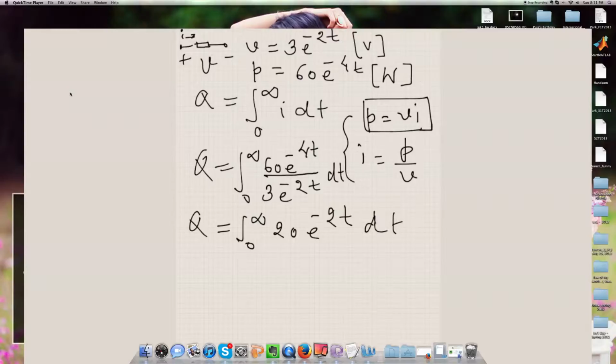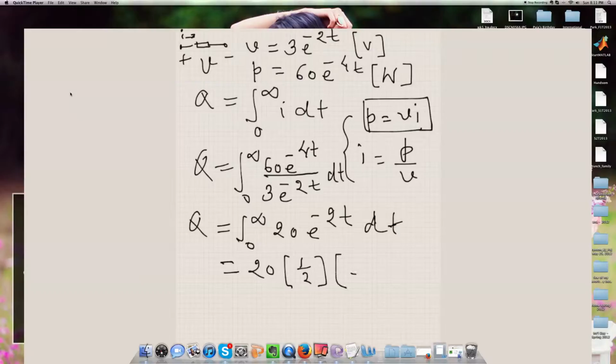Folks, right here, if we wanted to use the dummy variable t prime, we could. But the upper limit is infinity, so we're fine. Next step is to take the 20 as a common factor outside the integral. When we integrate, the exponent has 2 on it, so we would have to pull down 1/2.